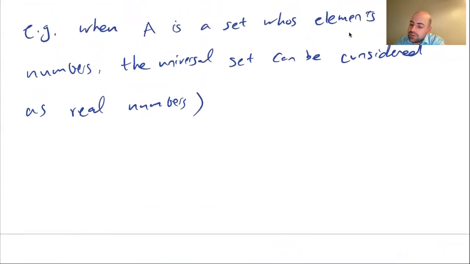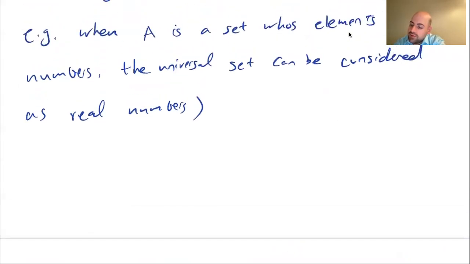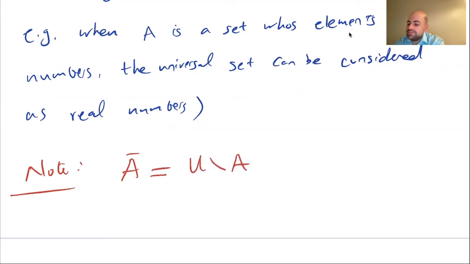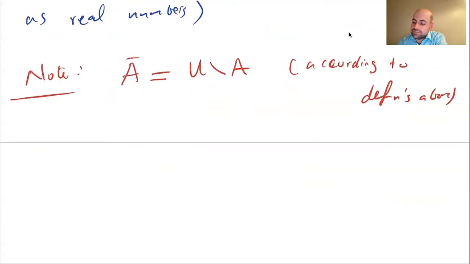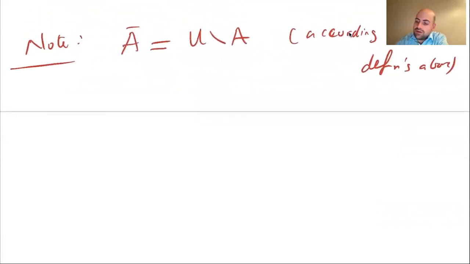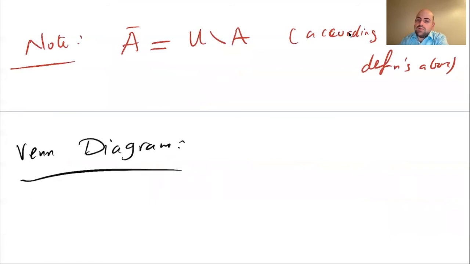So let's look at the Venn diagram. Before the Venn diagram, first of all, according to the definitions above, A complement can be written as U minus A. The set difference between two sets, A minus B, is the set of all elements which are in A, not in B. Now for A complement, we said the set of all elements which are in U, not in A. Therefore, A complement can be written as U minus A. So the Venn diagram here, how would it look?